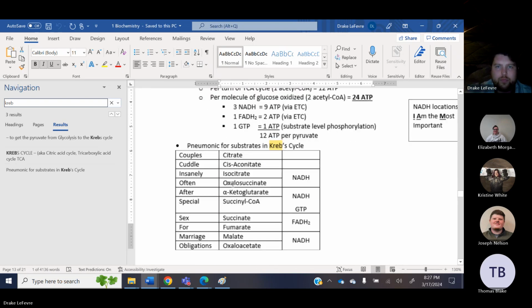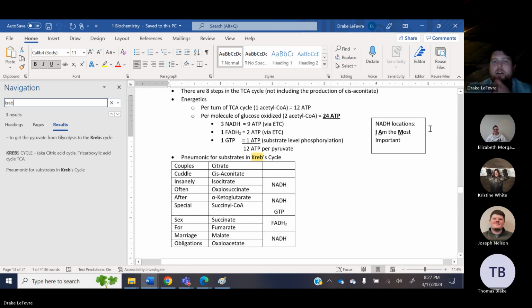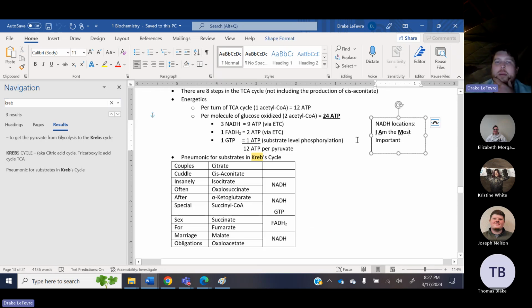Within the Krebs cycle, if you can remember the steps, isocitrate, alpha-ketoglutarate, and malate to oxaloacetate are where the NADHs are produced.